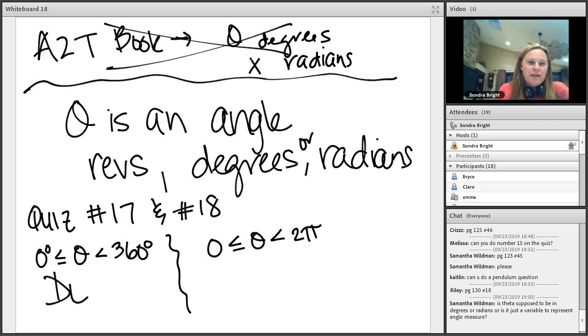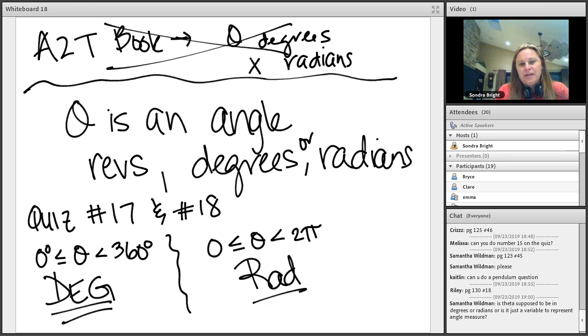And so this one, you need your answer in degrees, and this one, you need your answer in radians. So good question, Samantha, because I don't know if your other teachers have mentioned that, versus if you're coming from Algebra 2 Trig, it was ingrained in you that theta meant degrees. That is not the case.